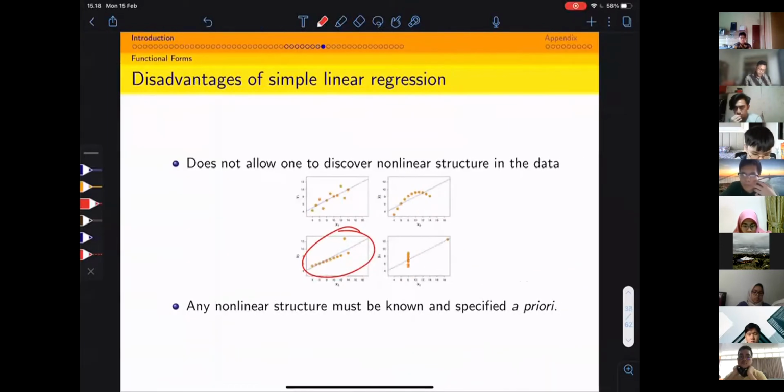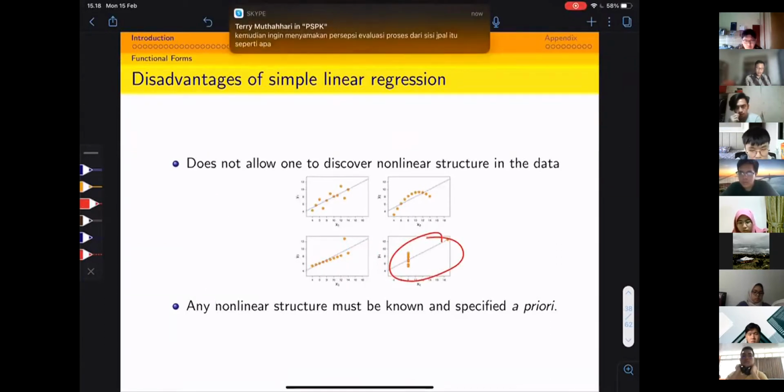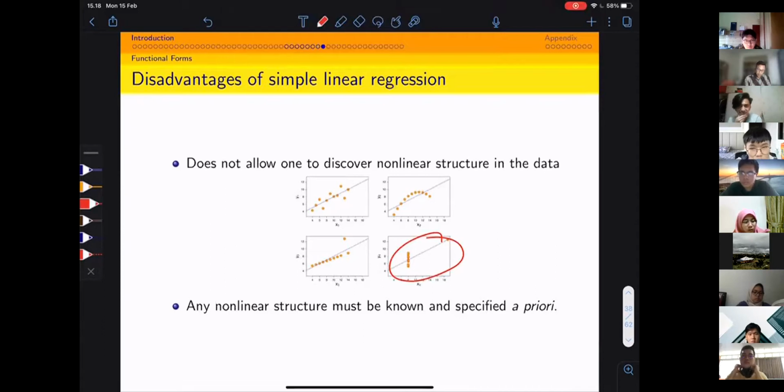Okay. And then the fourth problem is that there is an issue if the value of X doesn't really vary. Recall that the estimated value of beta 1 is a ratio between the sample covariance of Y and X and the variation of X. Now, consider this particular example.